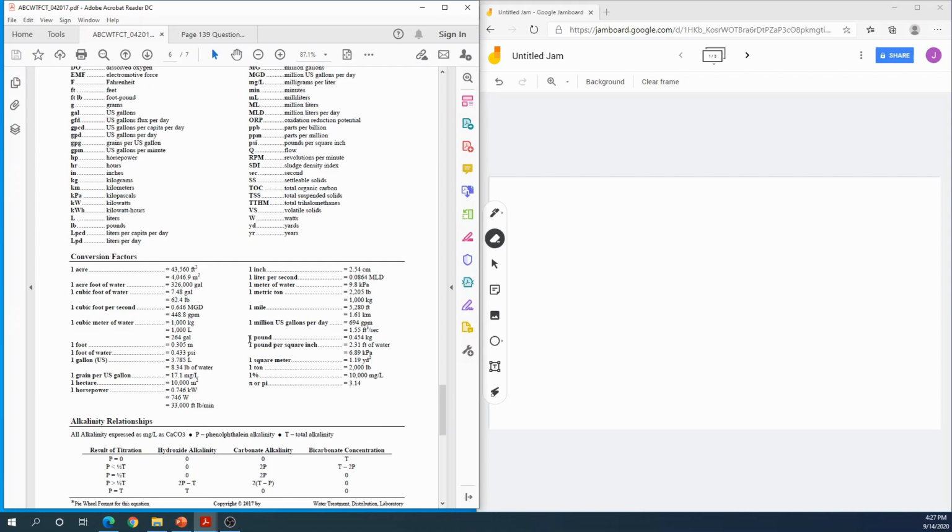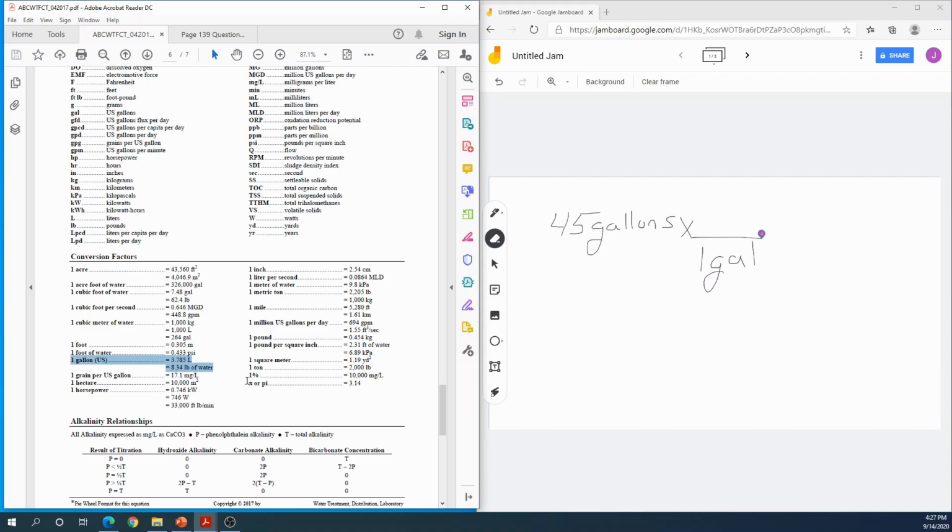And we want pounds per gallon. Let's see if we can find that here. Here we go. 1 gallon of water is 8.34 pounds of water. So we know we have 45 gallons. And we want to get to pounds of water, so we're going to put our gallons on the bottom here.